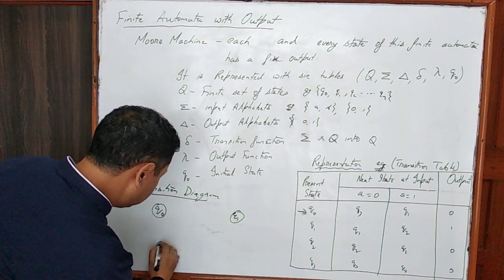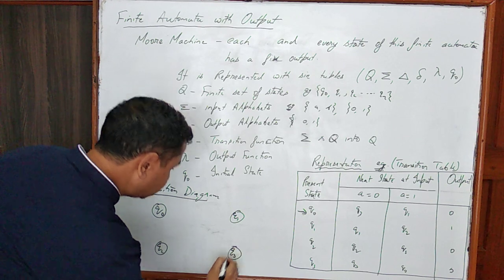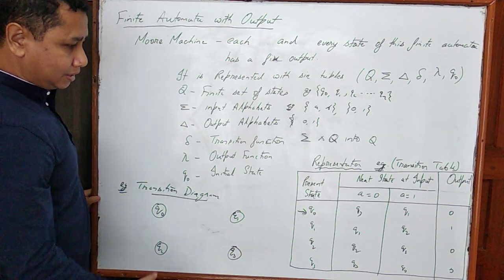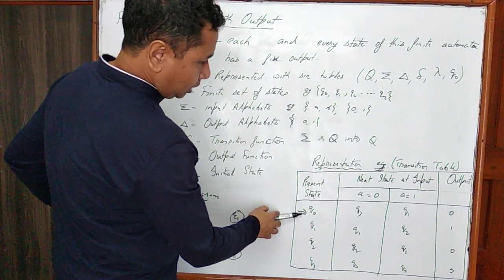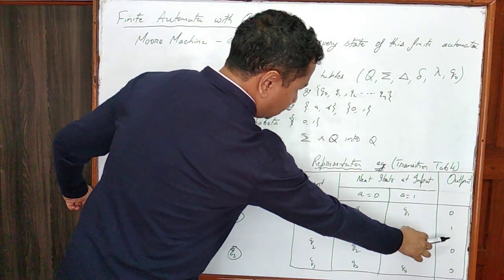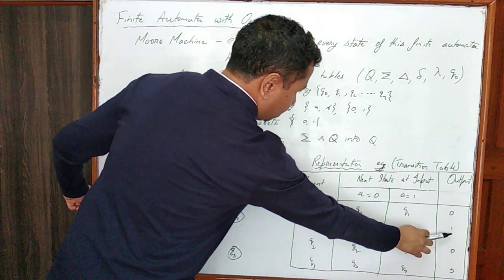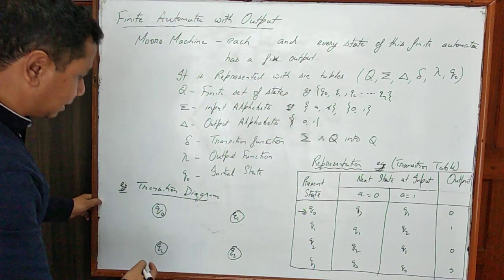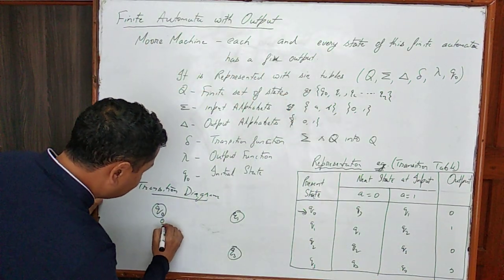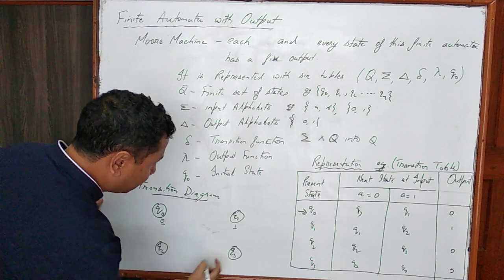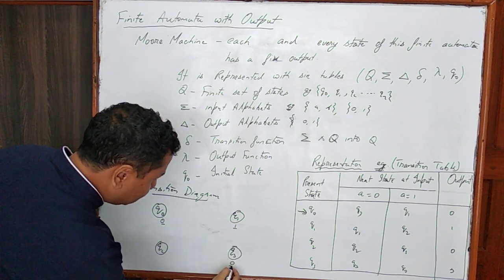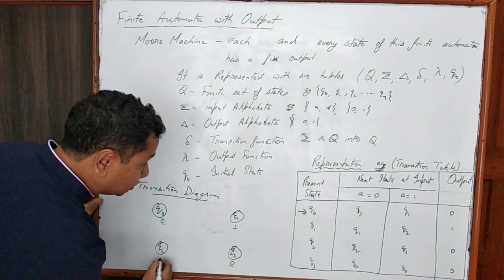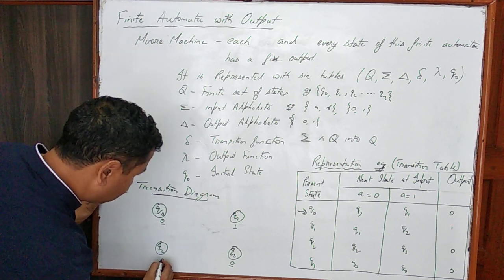Now, if you notice, q0 has an output of 0. Similarly, q1 has an output of 1. So the outputs are 0, 1, 0, 0. This can be represented in the diagram by writing 0, 1 underlined, and 0 and 0.